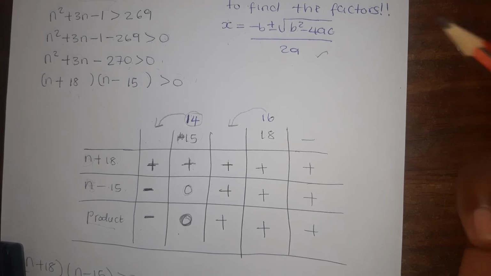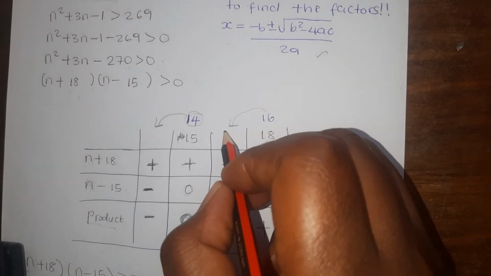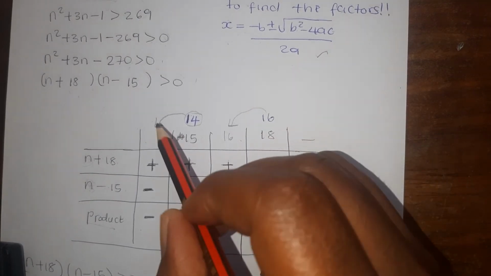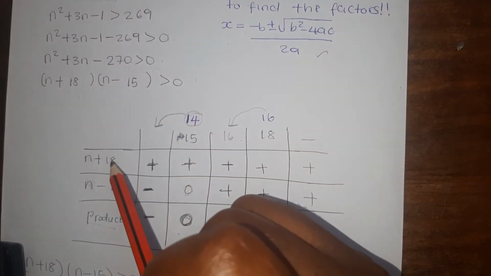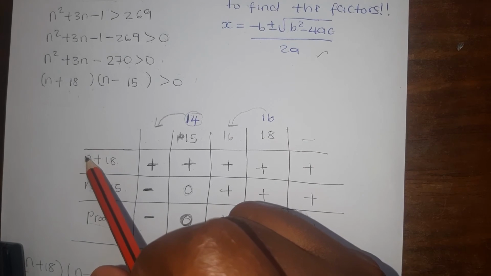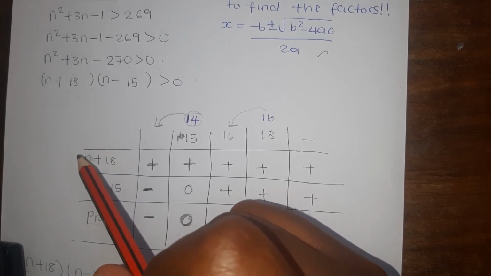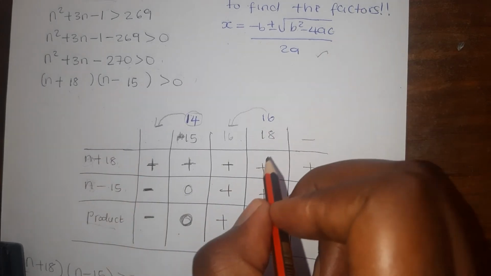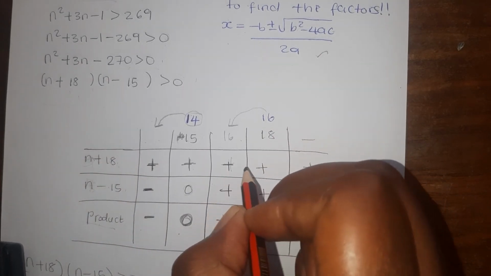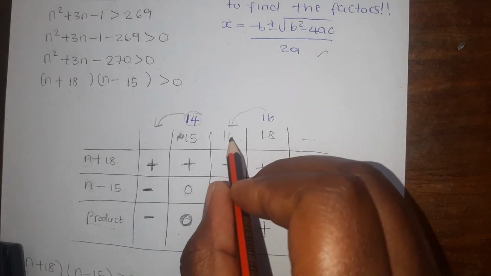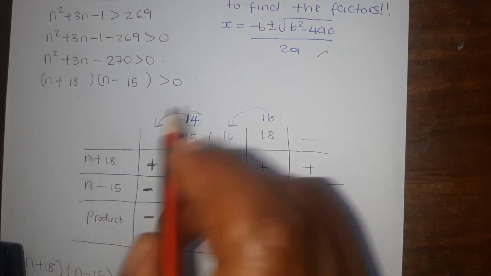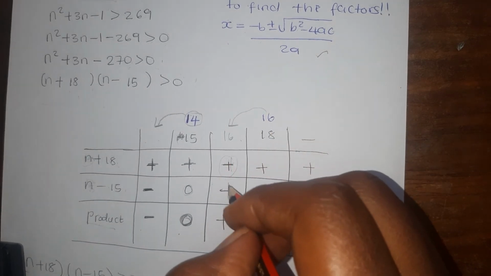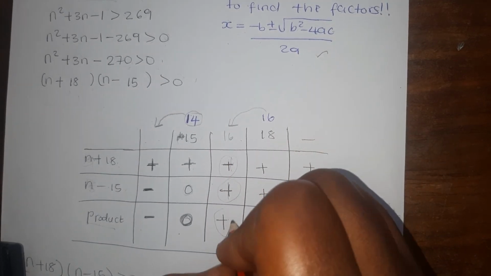And then, again, in this block, we'll put 16. We put our 16 where there is n, and then it will be 16 plus 18. We'll get a positive number, hence I said positive. And when we replace that 16 here, we get a positive number again. And then positive times positive, we get positive.